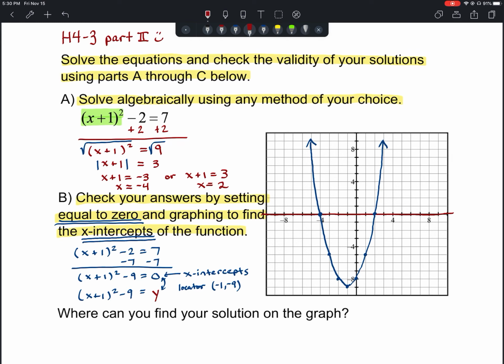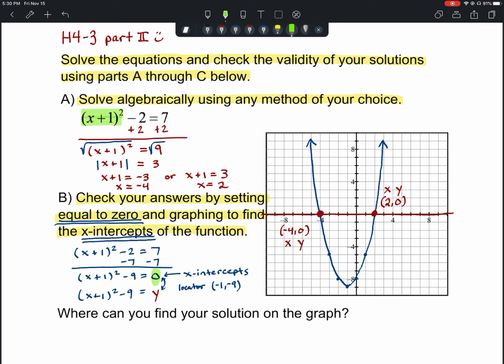Now this asked us to pay special attention to our x-intercepts, so I'm going to bold those here. The x-intercept on the right is the point 2, 0, and the x-intercept on the left is the point negative 4, 0. You think about it, that's like your x and your y, your input and your output.